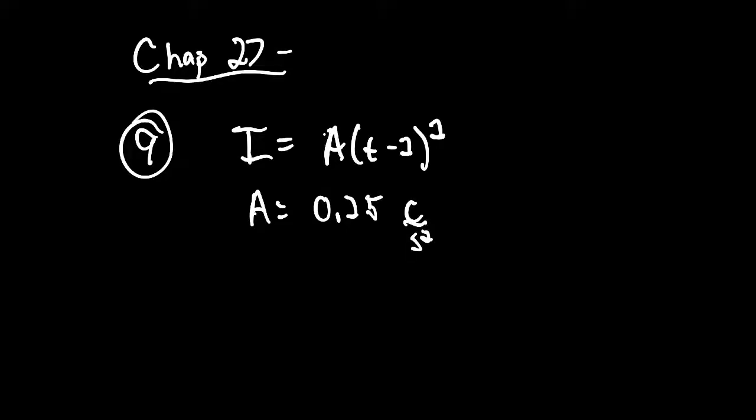Why they don't just give you that I equals 0.25 times (t minus 2) squared, I have no idea.